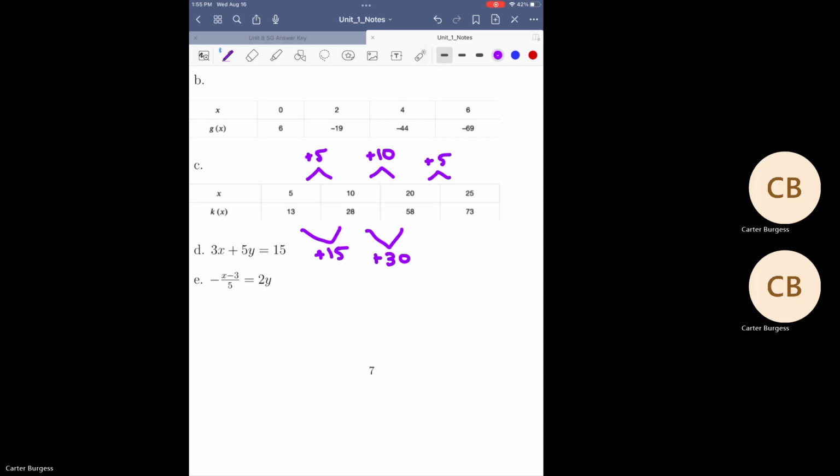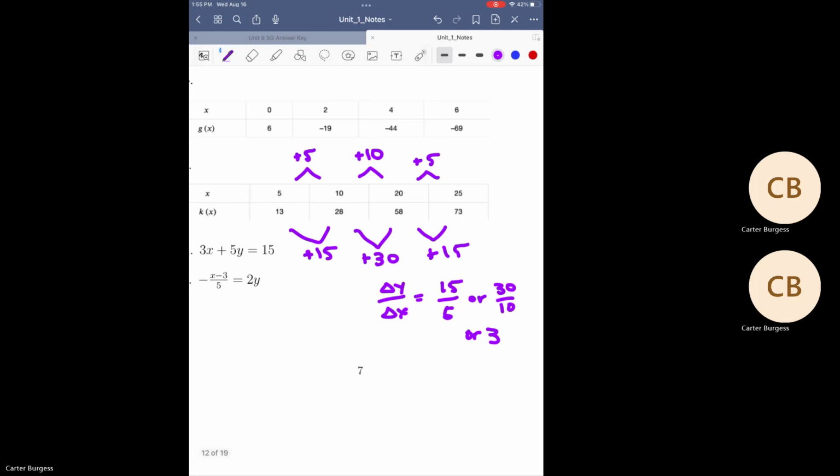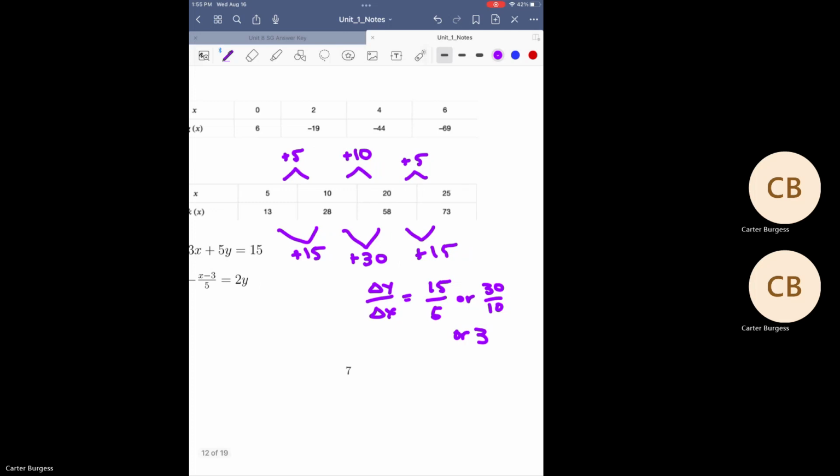Notice that this ratio of delta y, how much my y has changed per delta x, is staying constant at 15 over 5, or 30 over 10, or just 3. And so even though the delta y that we see is not constant, even though the delta x that we see isn't constant, the ratio between the two always is.